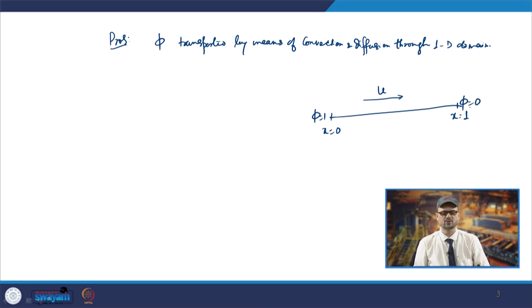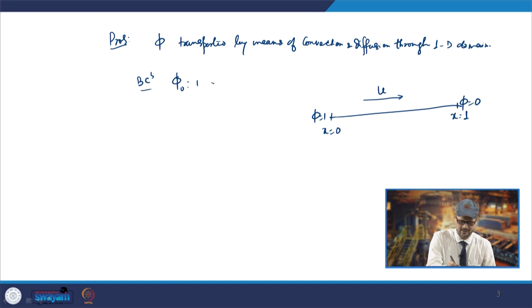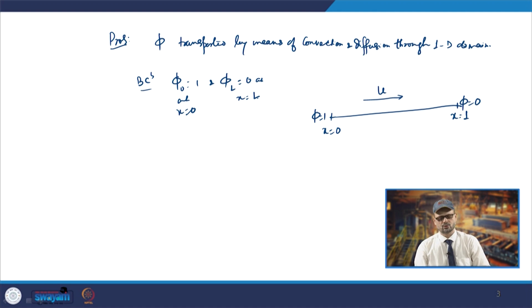These are the two boundary conditions: phi 0 is 1 at x equal to 0, and phi L will be 0 at x equal to L.